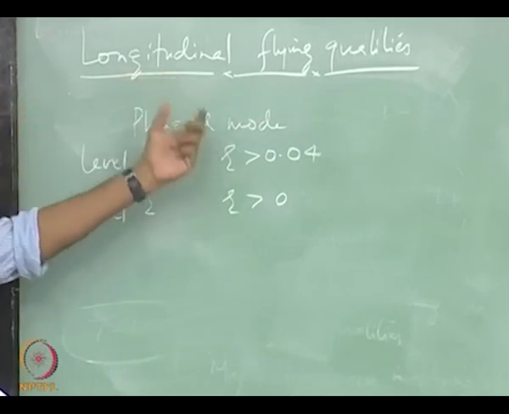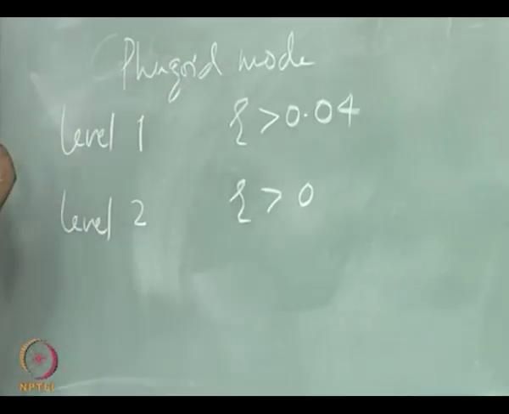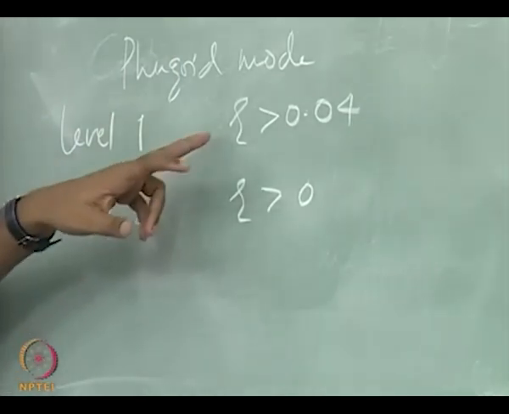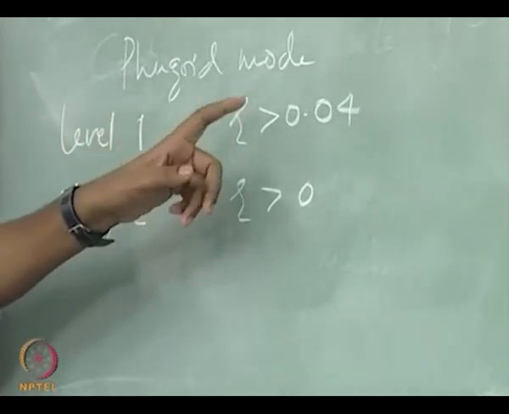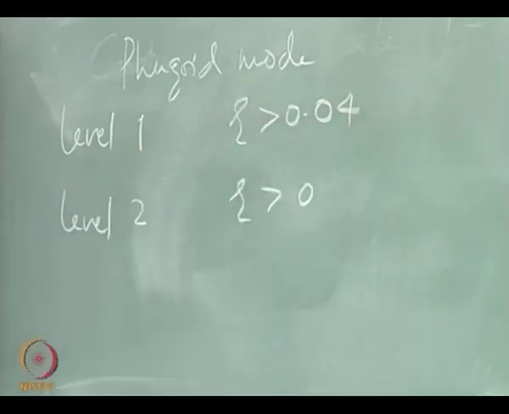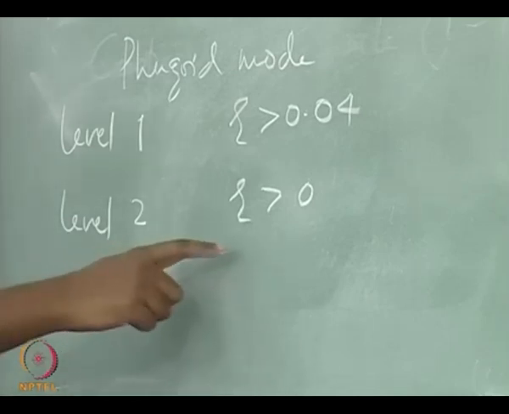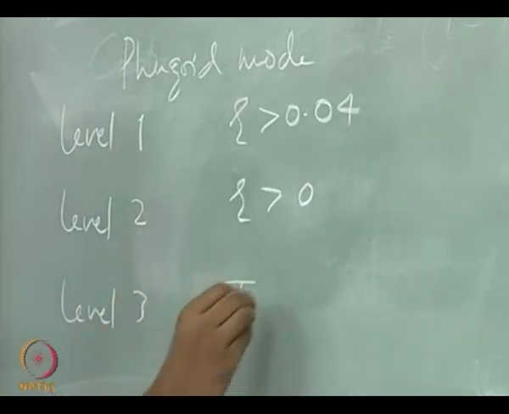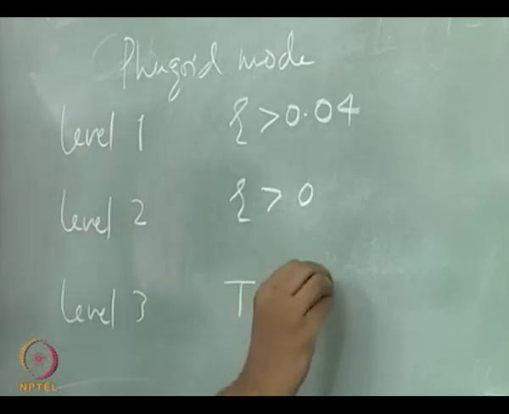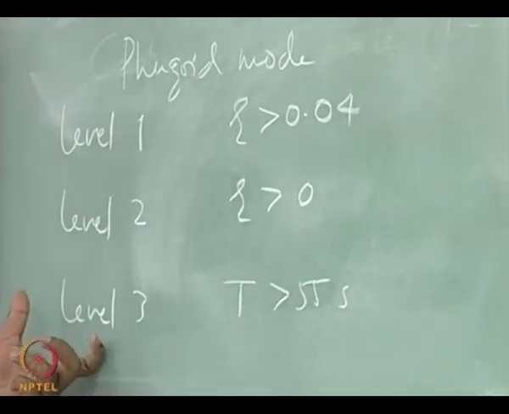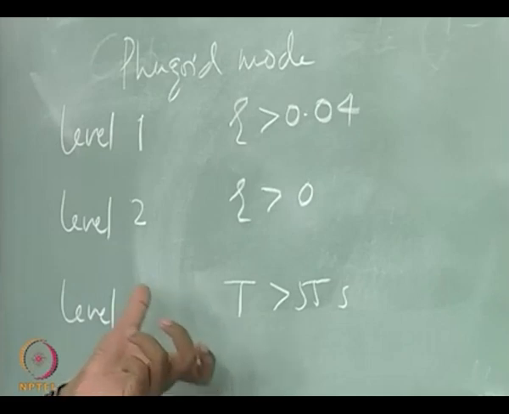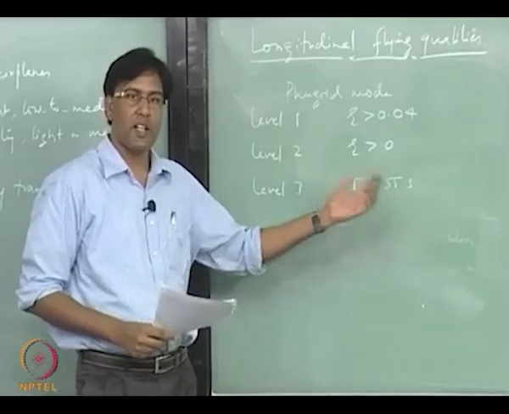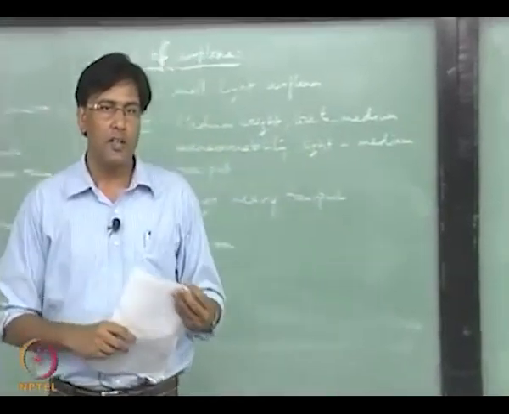So, you have good flying quality in phugoid mode under these levels, and the damping ratio is level 1 if it is greater than 0.04, then you have good phugoid characteristics, right. Level 2, the damping should be positive. Level 3, it is defined in terms of the time period, okay, and this should be greater than 55 seconds, right.